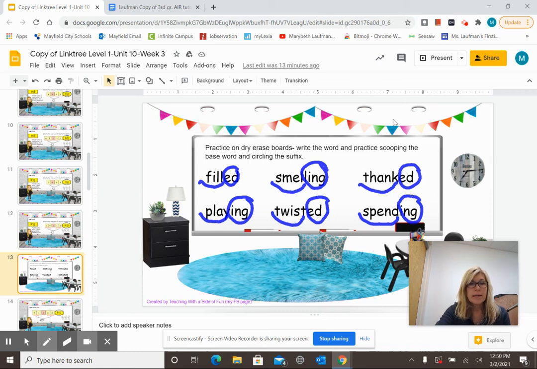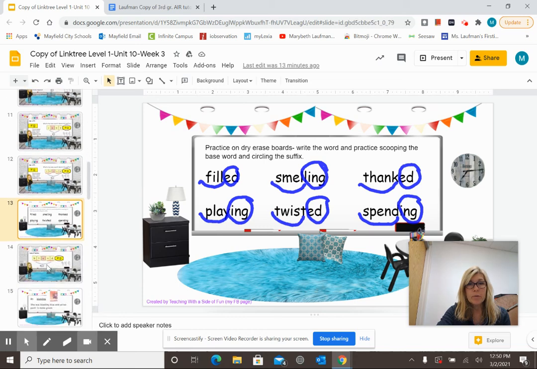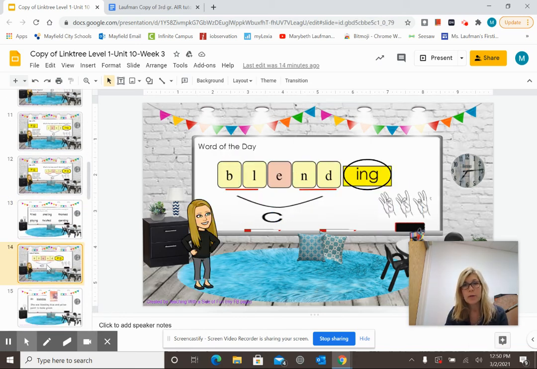All right. Now we are going to erase our boards and write our word of the day. Our word of the day is the word blending. Blending begins with a blend, BL. Then it has a short vowel, E, and then a blend at the end, ND.